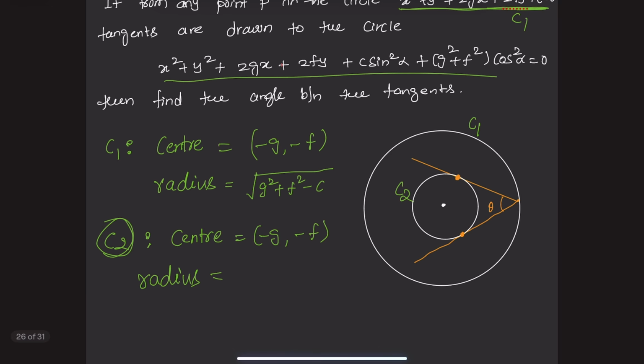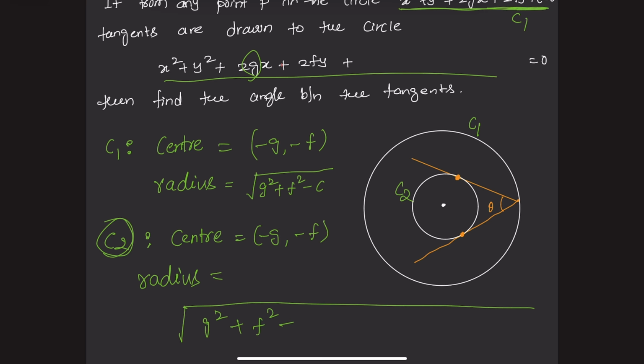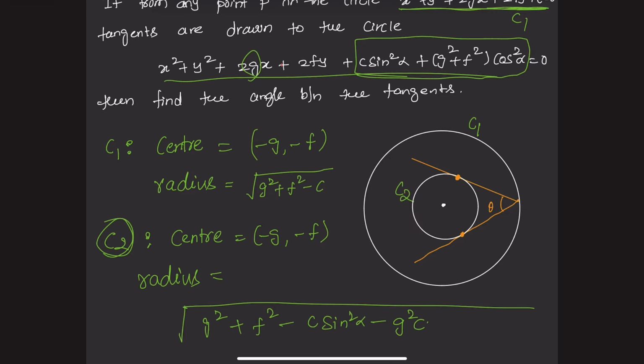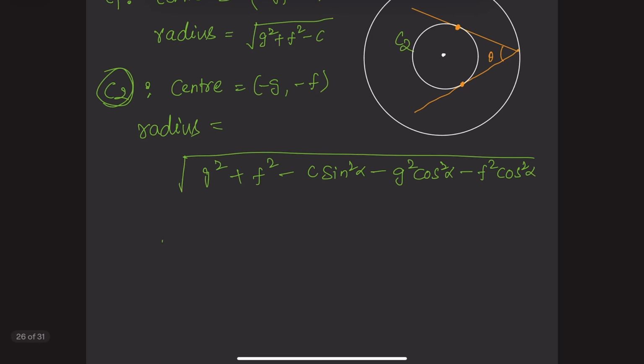Radius is square root of g square plus f square minus c. So g square is this thing, plus f square minus c. C is this whole thing here. Alright, so that is minus c sine square alpha minus g square cos square alpha minus f square cos square alpha. So this is the radius.